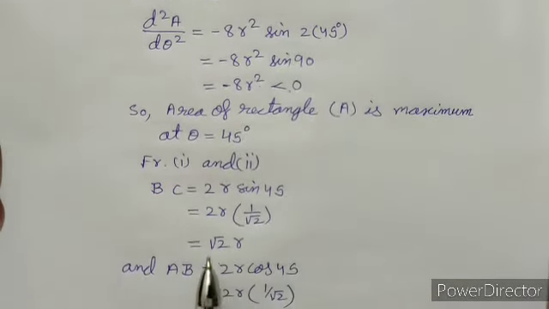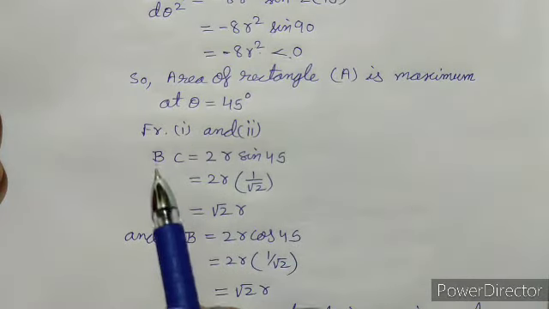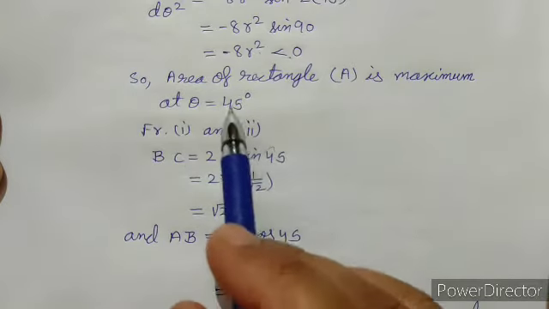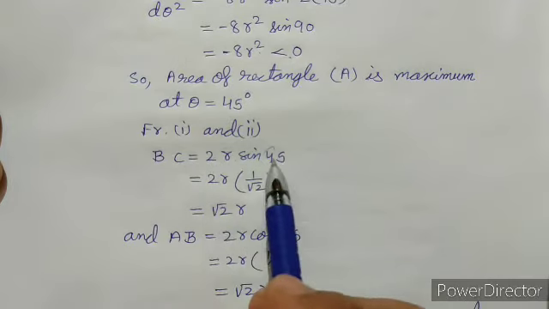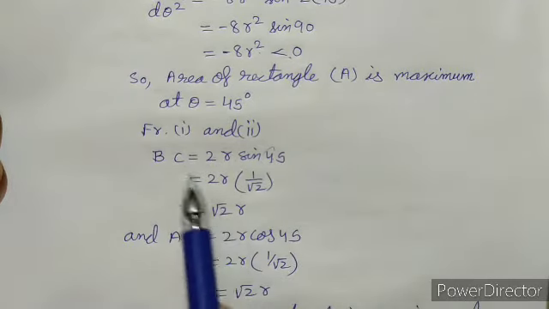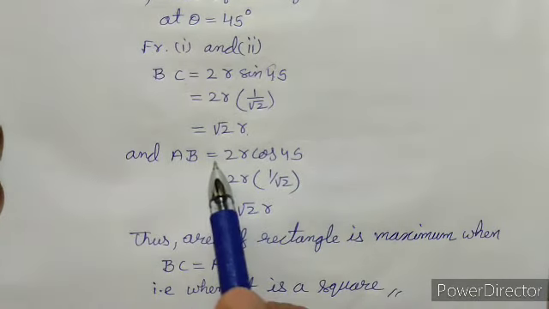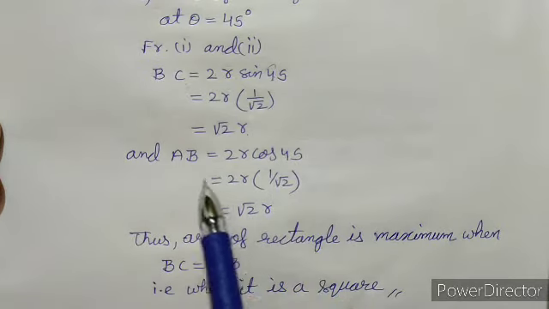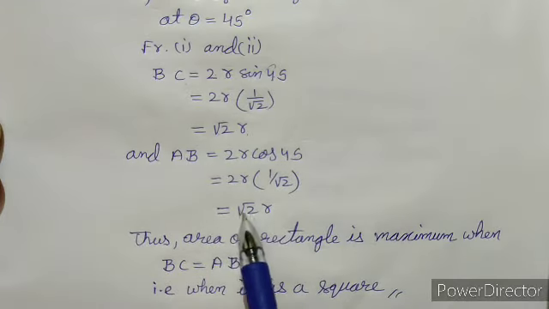For this theta we can find the value of AB and BC from equations first and second. BC was equal to 2r sin theta, and here theta is 45 degree, so BC will be equal to 2r sin 45 degree, and that will give us the value of BC as root 2 r. Similarly, the value of AB was 2r cos theta, and theta here is 45 degree, so AB will be equal to 2r into 1 upon root 2, and that is equal to root 2 r.